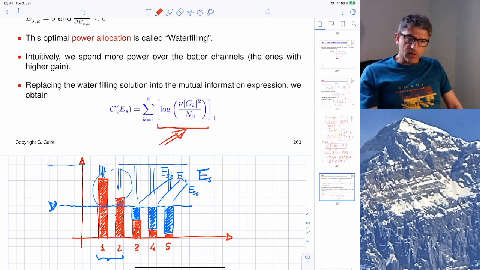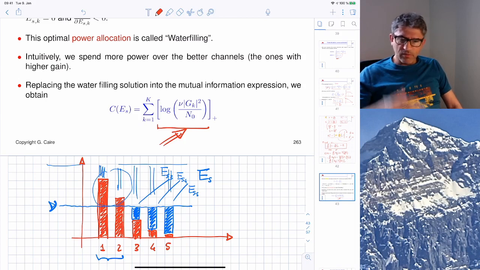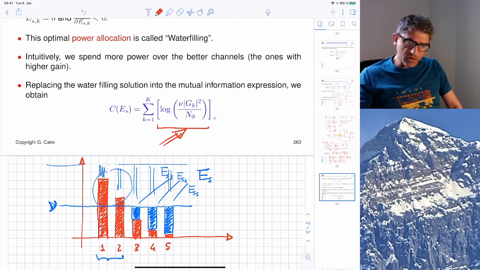So, in other words, in the Gaussian channel world, transmit energy is directly connected to bits per symbol, and therefore these algorithms that allocate energy across subchannels are called also bit loading or bit allocation algorithms. And bit loading is precisely what is done, for example, in standards like DSL.